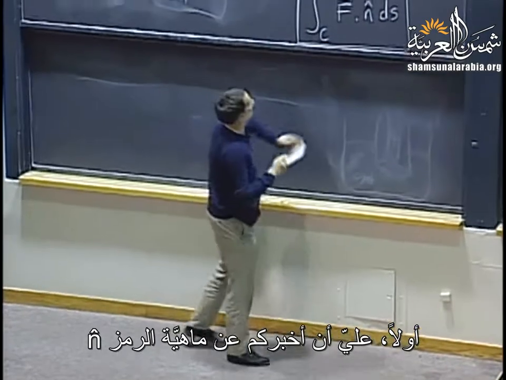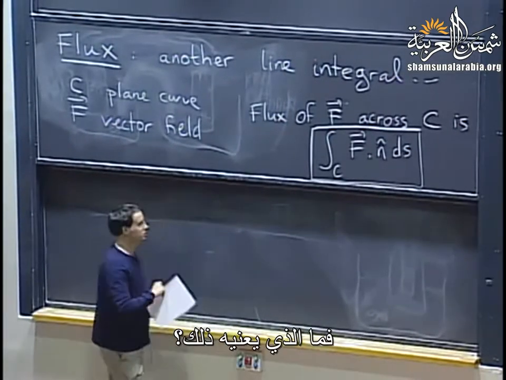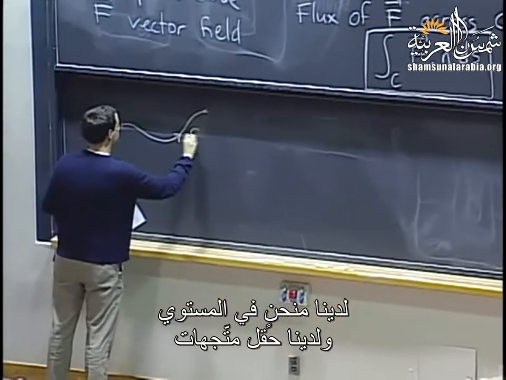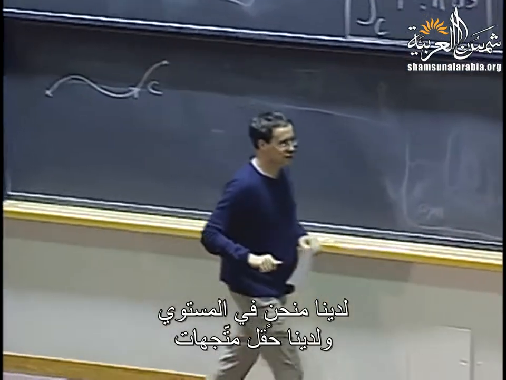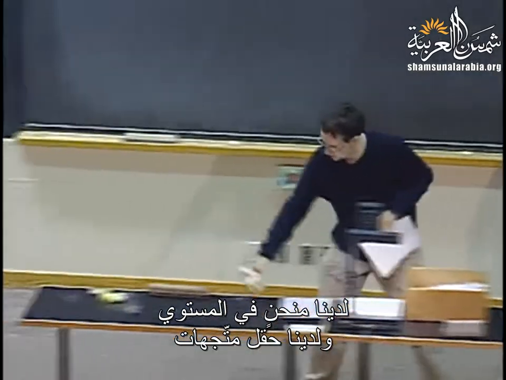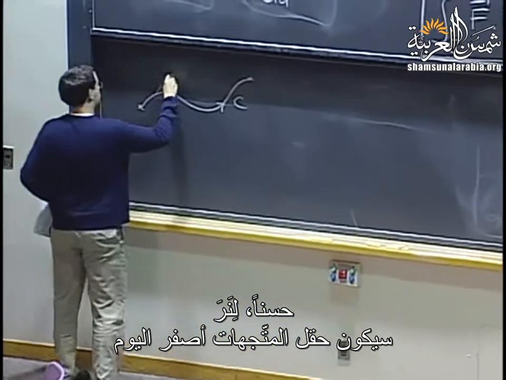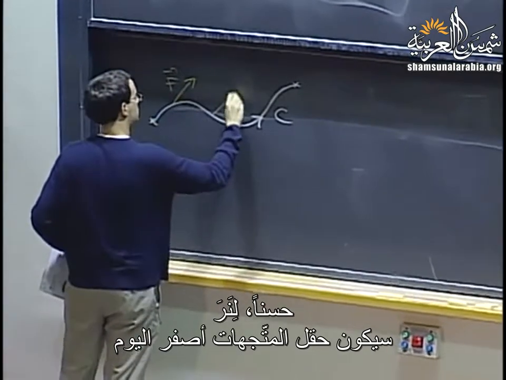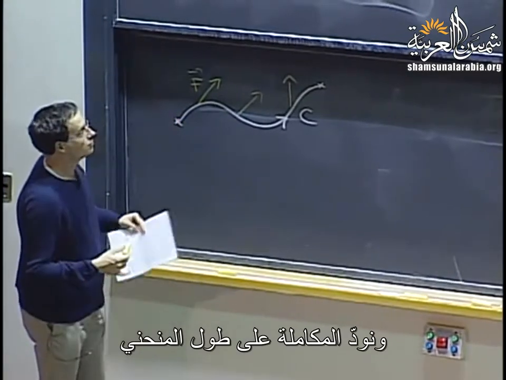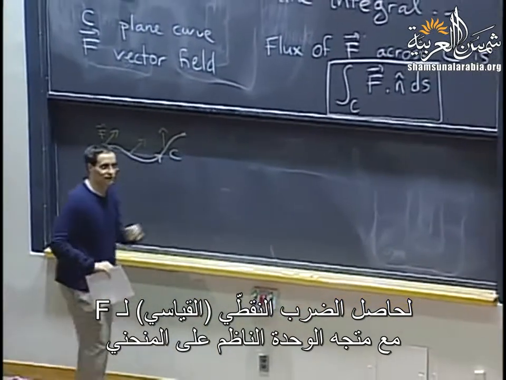So first, I have to tell you what this little n is. The notation suggests it's a normal vector. So what does that mean? I have a curve in the plane, and I have a vector field, let's see, a vector field will be yellow today. And I will want to integrate along the curve the dot product of F with the unit normal vector to the curve.